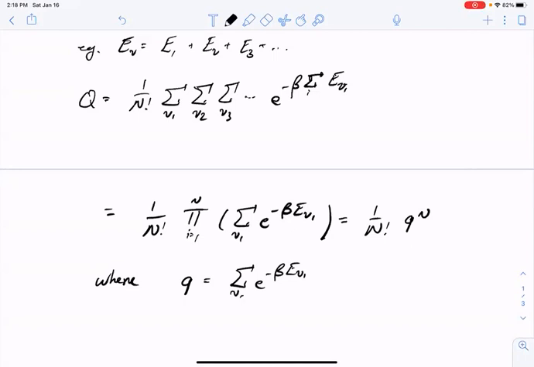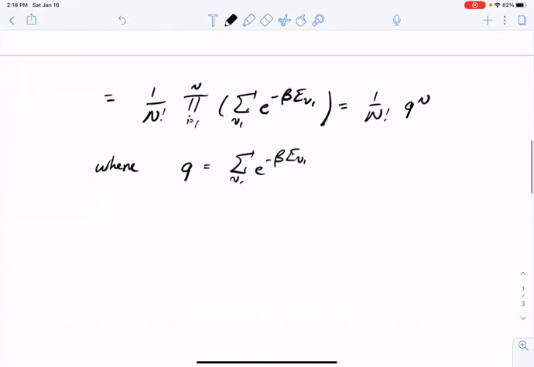And indeed, if the single particle is somewhat simple, like it only translates or rotates, that little q can be evaluated. For concreteness, one could consider just free particle motion, such that the energy of that individual particle is just its kinetic energy.